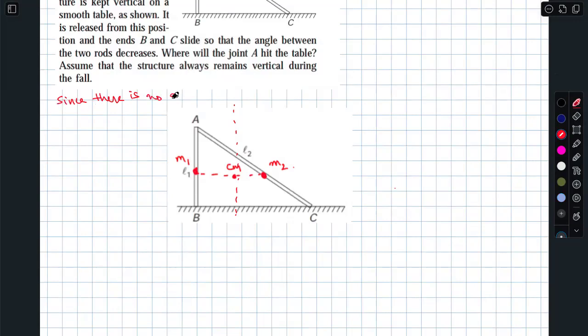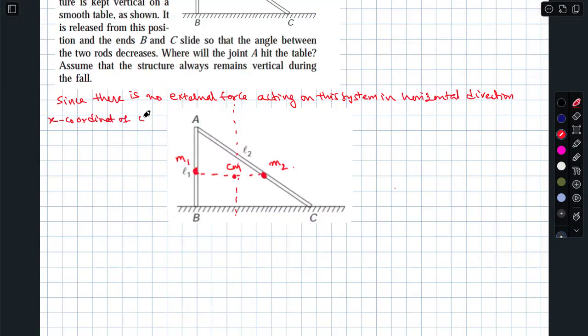Since there is no external force acting on this system in the horizontal direction, the x coordinate of the center of mass remains unchanged. That is it. Any doubts, boys and girls?